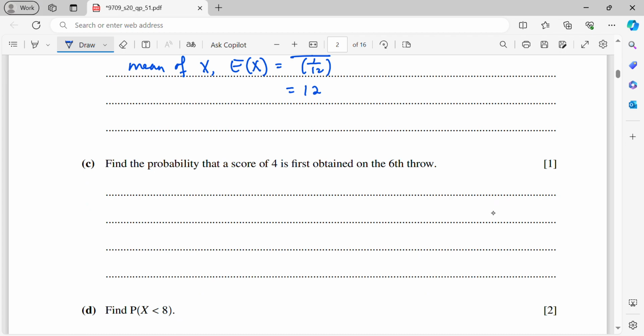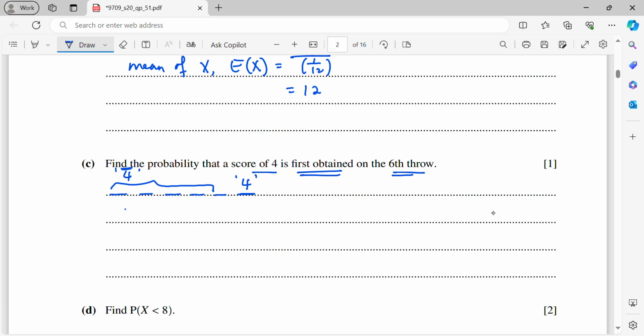Part C, find the probability that a score of 4 is first obtained on the 6th throw. For this case, you have throws 1, 2, 3, 4, 5, then this is number 4, and the rest of the 5 are non-4.